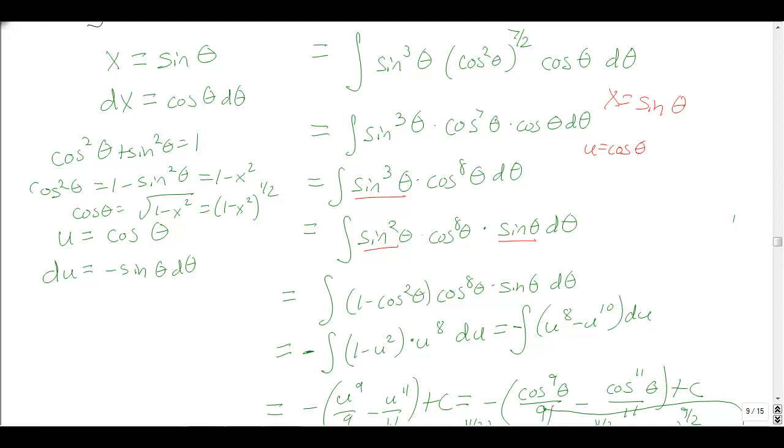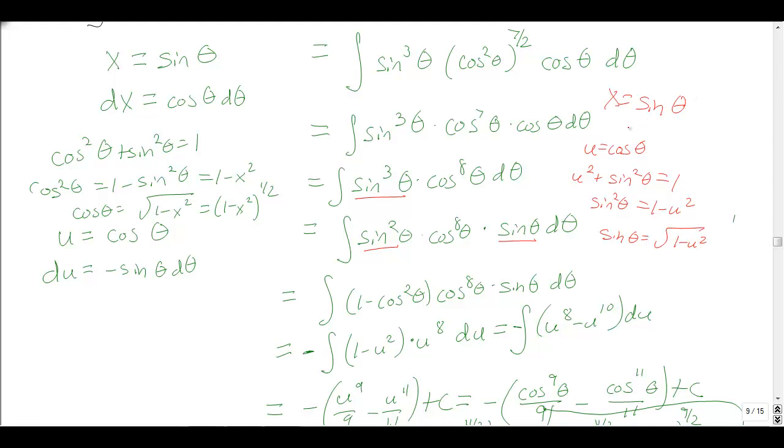Note here that means that u squared plus sine squared theta equals 1. So it's cos squared theta plus sine squared theta equals 1. So sine squared theta is 1 minus u squared. So sine theta is square root 1 minus u squared.